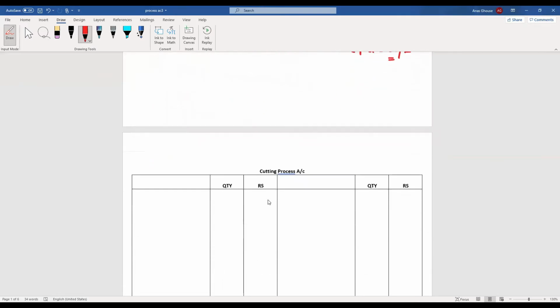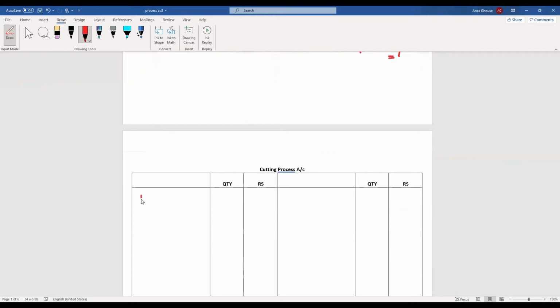First of all, we'll take the input, the material: 18,000 quantity, 540,000. Then labor and overhead, 324,000.